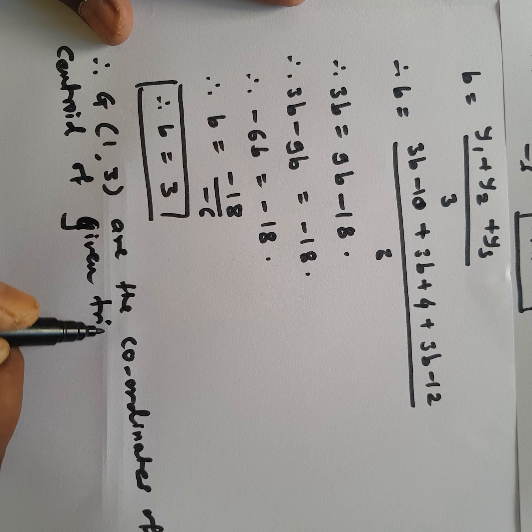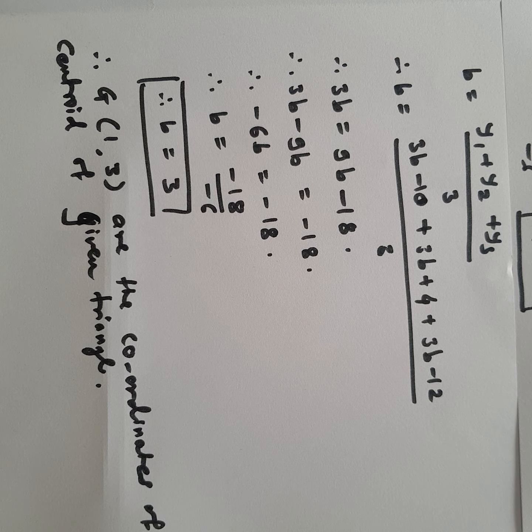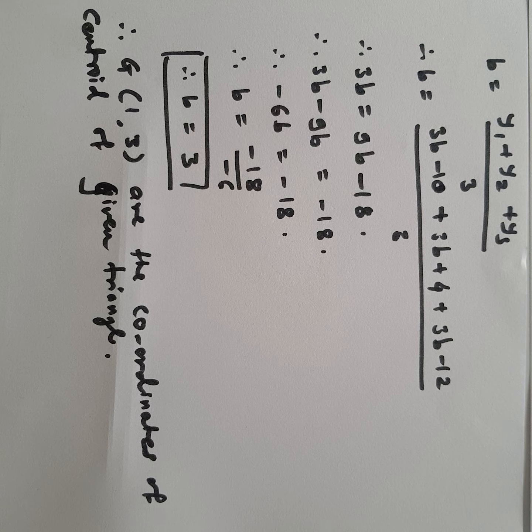Here in this example, the vertices were not given, but the midpoints of the sides of the triangle were given. From these midpoints, and by using the section formula, we found the coordinates of the vertices, and then by using those coordinates of the vertices, we found the coordinates of the centroid.